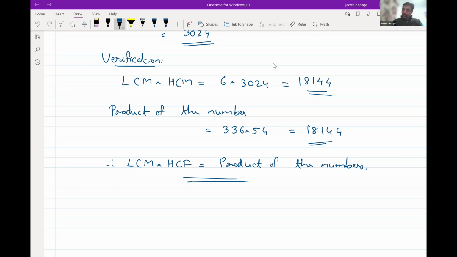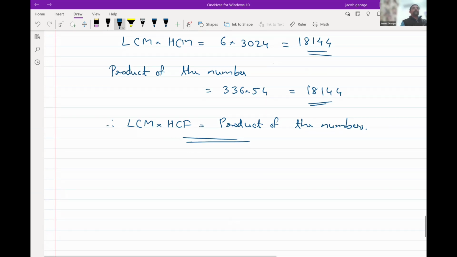Next, we are going to start with 3 numbers. Find the LCM and HCF of the following by prime factorization.